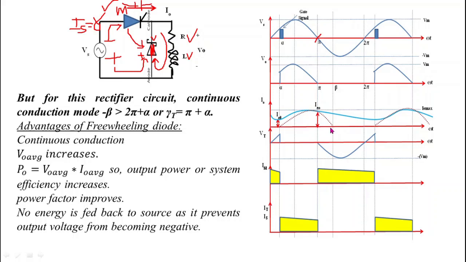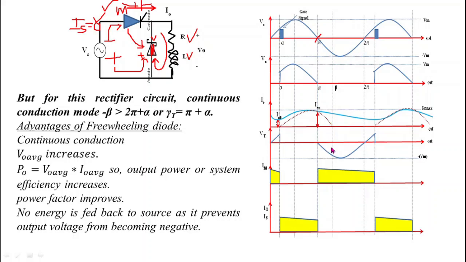Third point is that the drop across the thyristor is equal to source voltage Vs, because when the thyristor gets open circuited, if we apply KVL in this loop, we get Vt equals Vs. So this negative half cycle will appear across the thyristor.